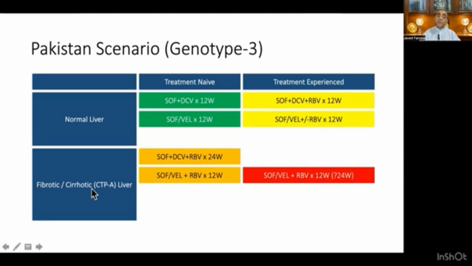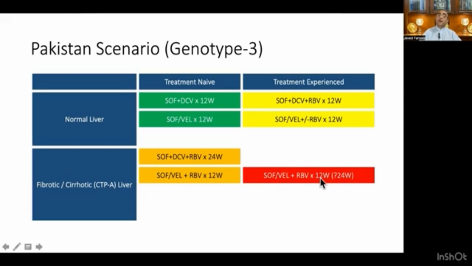Now coming to the fibrotic or cirrhotic liver in Child class A, if the patient is treatment naive, so definitely this is sofosbuvir-velpatasvir-ribavirin for 12 weeks. But if my patient is fibrotic or cirrhotic and treatment experienced, again I will be using sofosbuvir-velpatasvir-ribavirin for 12 weeks.